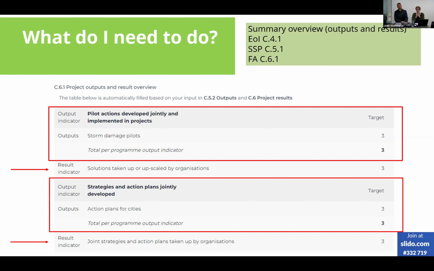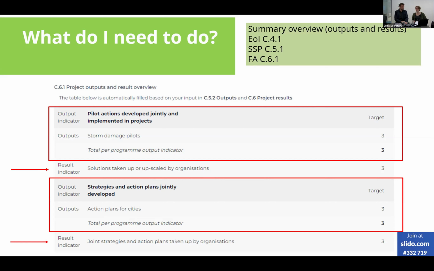If you have more pilots in the same work package or in additional work package, it would list them below. And then you end up with a certain total amount there in that overview. And then you have the respective result indicator listed below, and you have to decide how many solutions you are expecting to be taken up or upscaled by organization. And the same goes for the other output indicator, but I will not go into detail here.